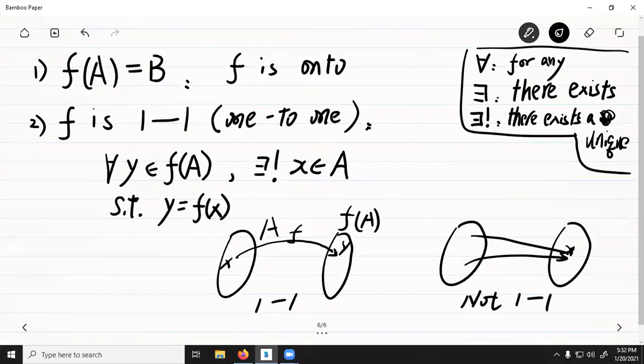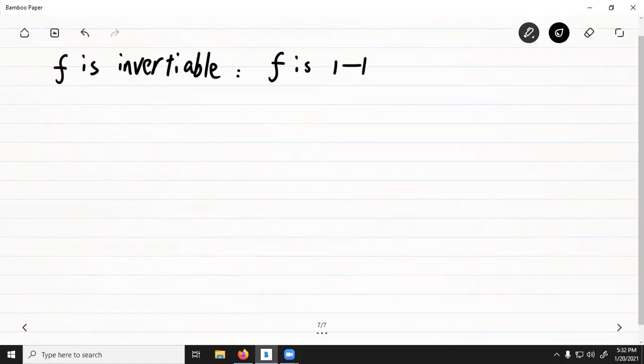Okay, so then the next one, which is about the invertible. We say that f is invertible. That means the inverse function exists if and only if this function is 1-to-1 and onto.